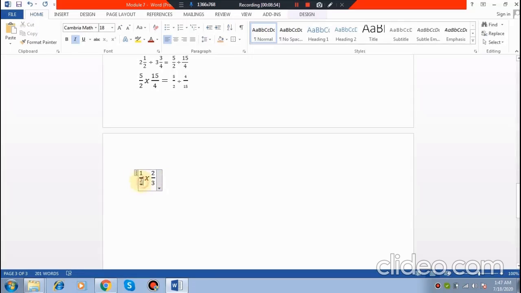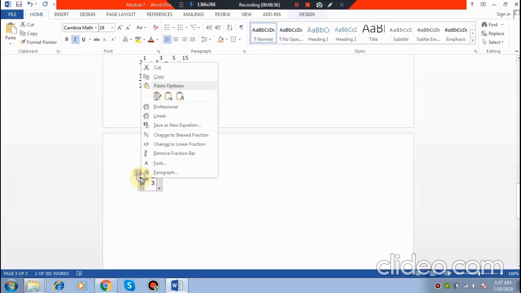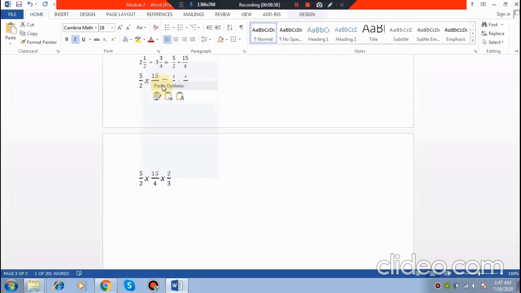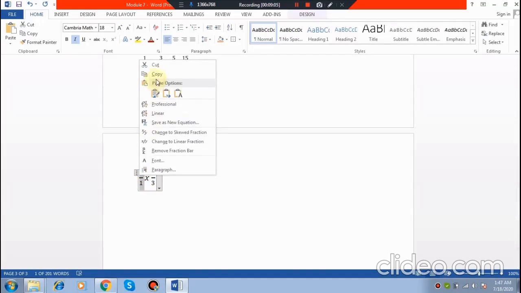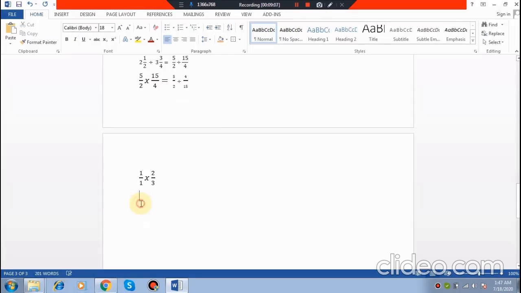Then 2 into 2 gives you 1, and 2 into 4 gives you 2, right? So now I'm just going to copy this part so that I can get my final answer. Alright, stay with me.